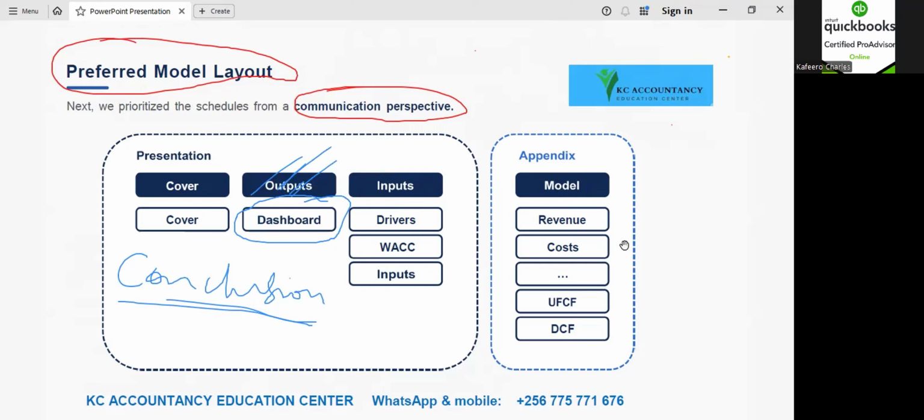So the outputs are going to be in a clear, nice dashboard that is showing the decision makers all of the outputs that they are looking for. These outputs are the outcomes of our financial model.